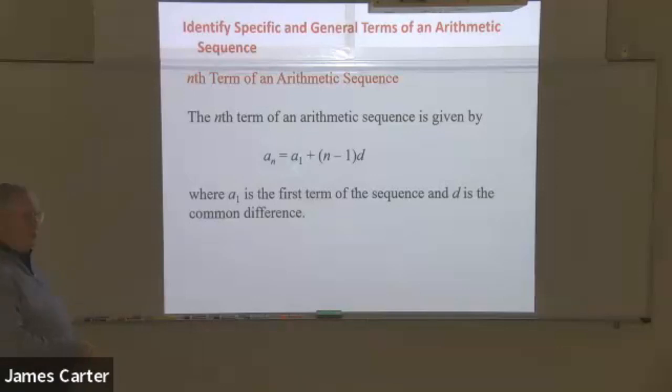A sub 1, of course, is the first term in the sequence. D is the common difference we just talked about. And then whatever term you're wanting, n minus 1, times the D. And that will give you whatever that term is. We'll go over it in a moment.